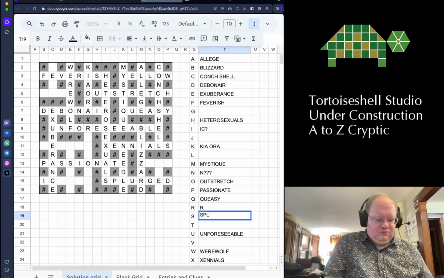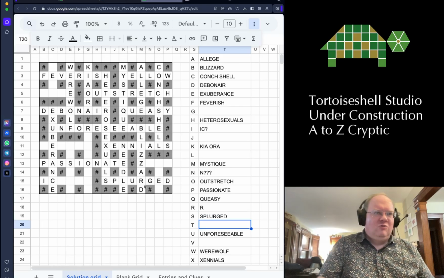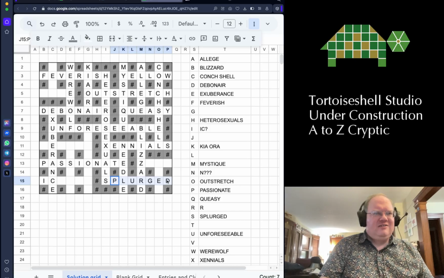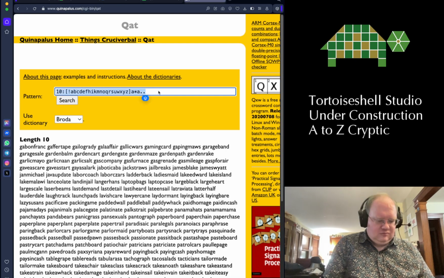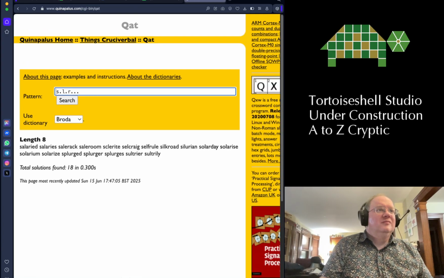So we have splurged here. Because otherwise it's what, like solarize? Silurian? Silk Road, Solar Day, Solarium.